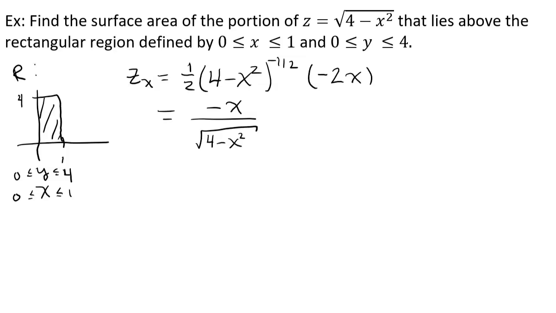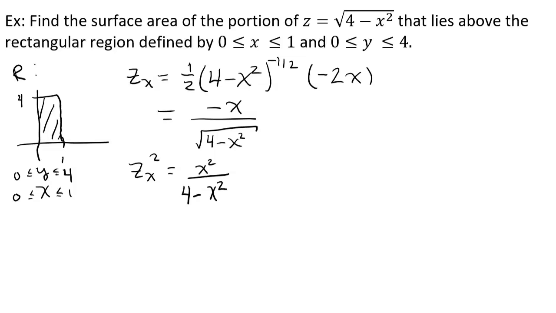All right, so why don't we square it now, because it'll be a little easier than trying to do it inside the integral. If we're squaring that, the negative x squared will just be positive x squared, that negative will cancel out. And the square root is just going to cancel out because the square root times itself will be the quantity underneath. So we're really going to end up with x squared over 4 minus x squared.